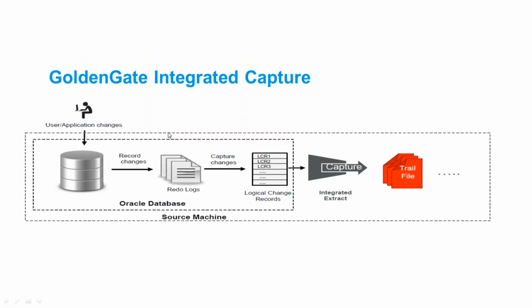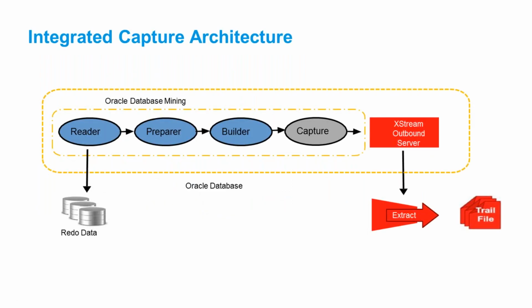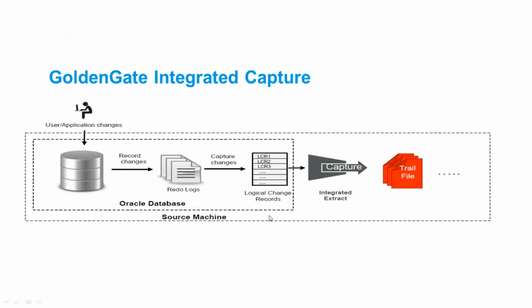However, in integrated capture, there is one more layer in between, which is the log miner utility. Whatever changes you make to the database are written into the redo logs, and then those changes are passed on to the log miner, and log miner then passes those changes to the integrated extract in the form of LCRs. LCR stands for logical change records.